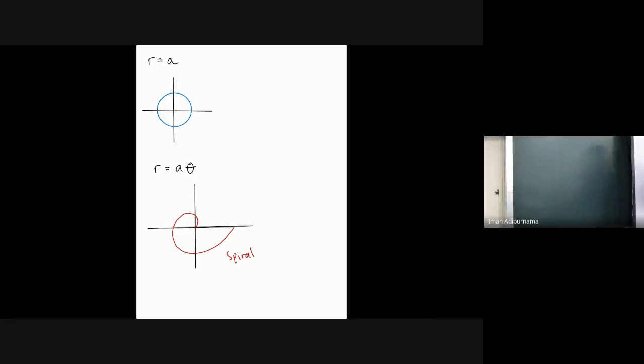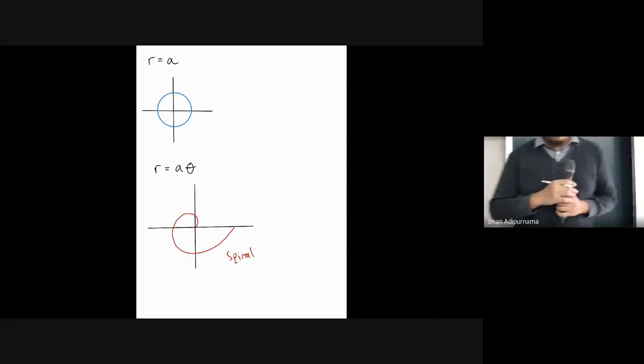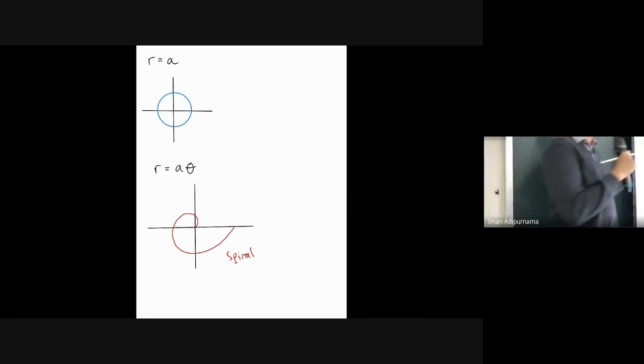And remember that at the beginning of the course, I talked a lot about the golden ratio. This is where the golden ratio occurs, in the spiral. You can also see the golden ratio in the shell of the snail.